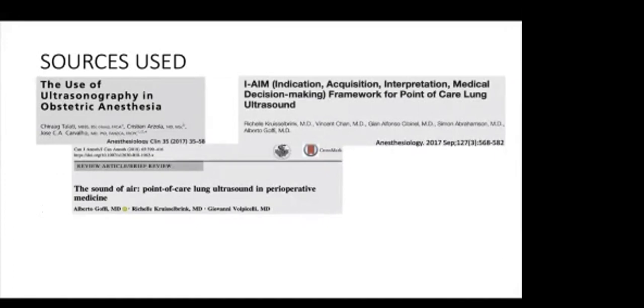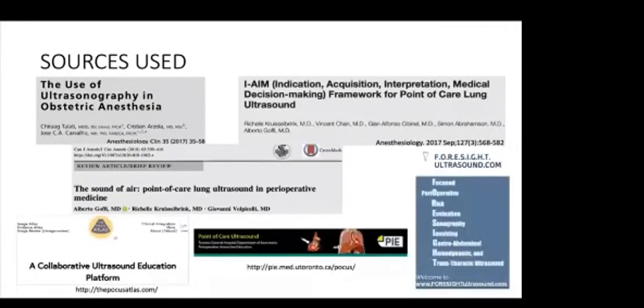One article focused on the IAIM approach, and another excellent review was published in the Canadian Journal of Anesthesia in 2018. In terms of images, I used 3 online sources that I highly recommend: the POCUS Atlas, Foresight Ultrasound, and PIE, Perioperative Interactive Education from the University of Toronto.